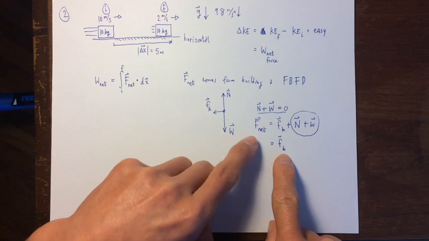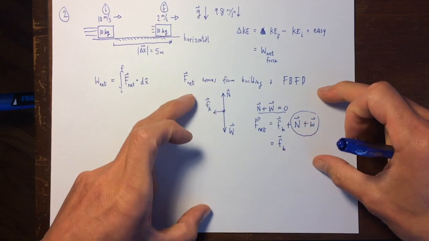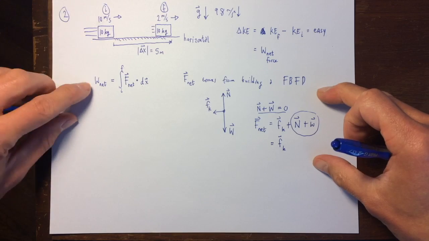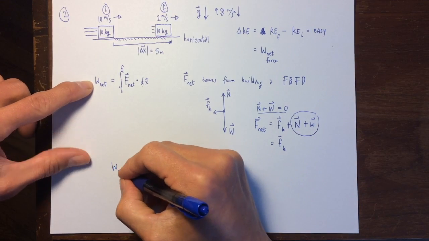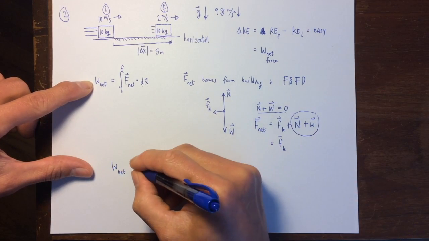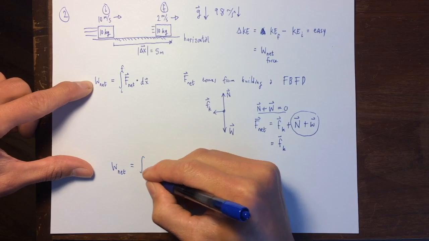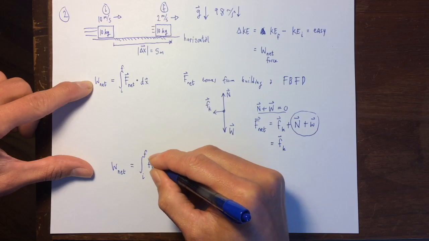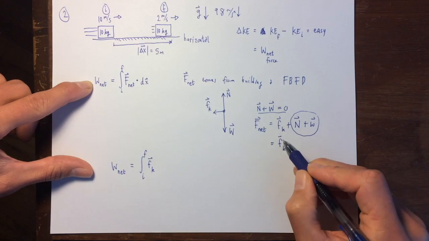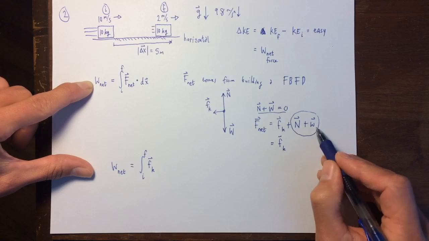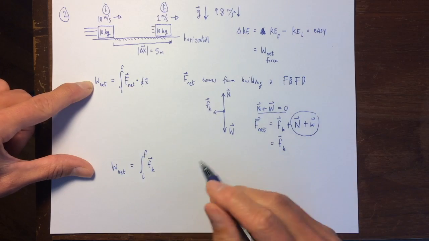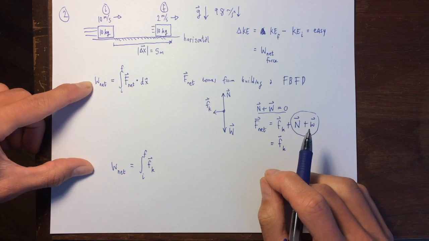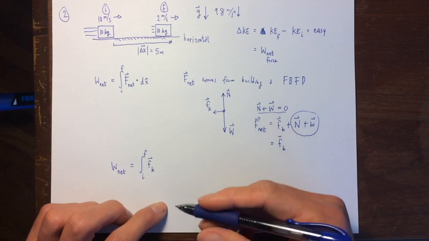So for this particular problem, the work done by the net force is exactly the same as just the work done by the kinetic friction force, the only force left over that didn't balance out to 0.